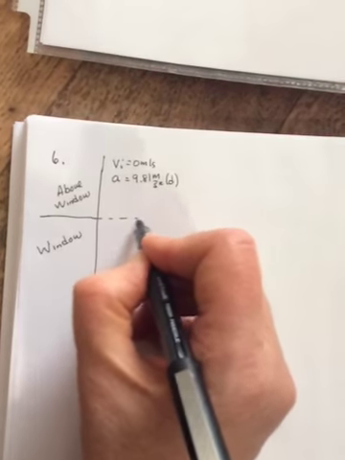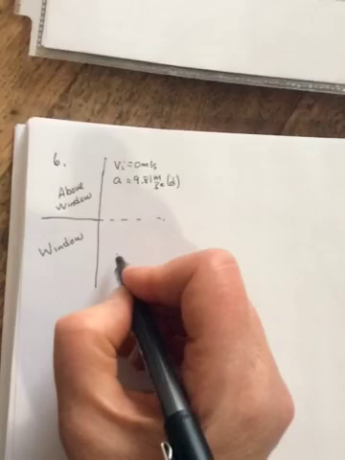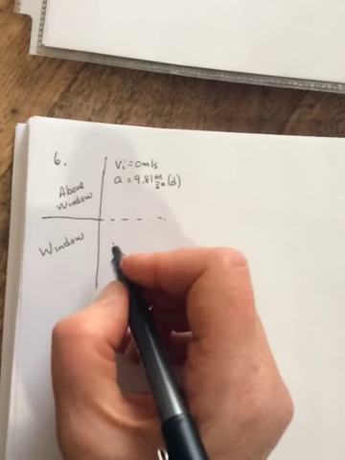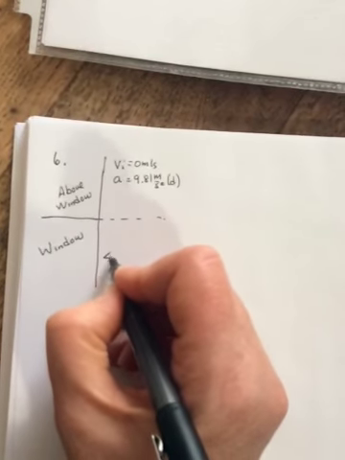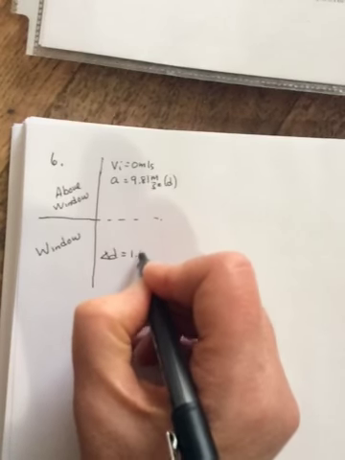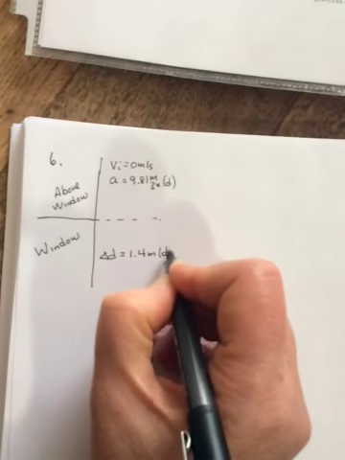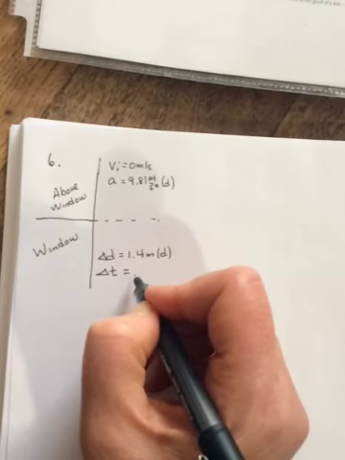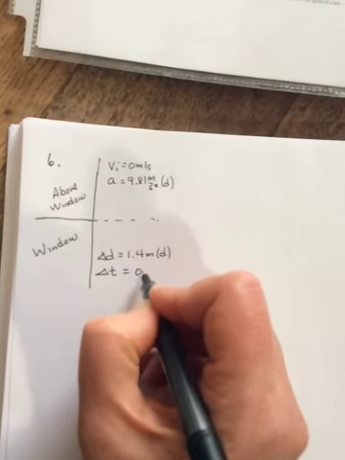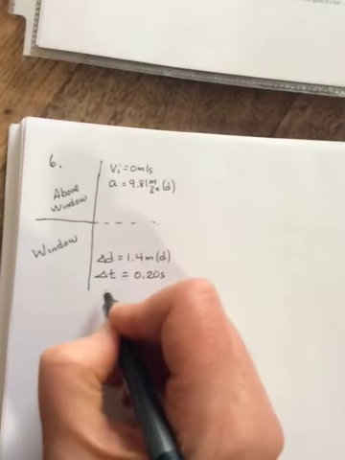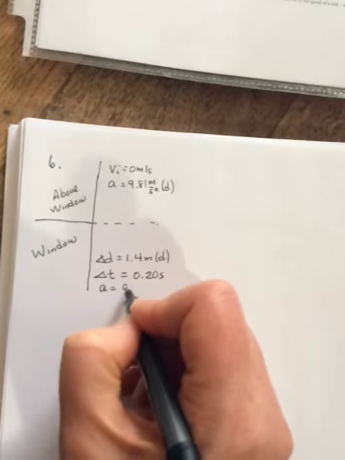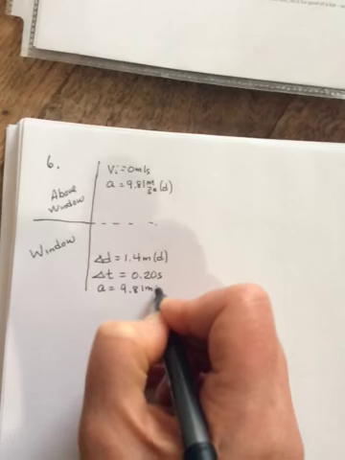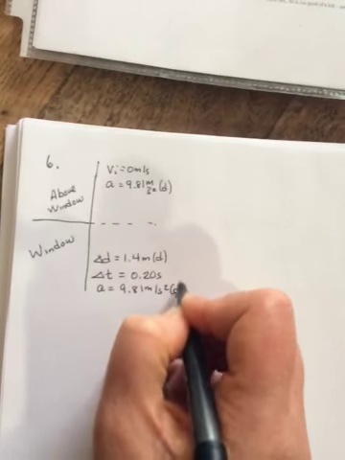And it says it passes by a window sometime later, and it tells us that the window is 1.4 meters in height. So delta D of the window is 1.4 meters, and it's going down. And it says that it takes 0.2 seconds to go by the window. And of course, the acceleration for this part is also 9.81 meters per second squared down.